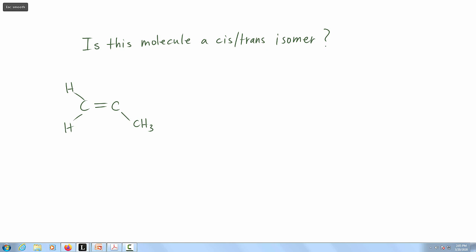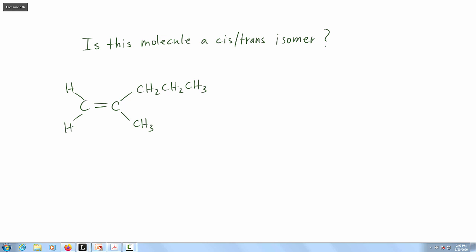Is this molecule a cis-trans isomer? So if I do C, bind it to C, I'm going to put H, CH3, CH2, CH3.